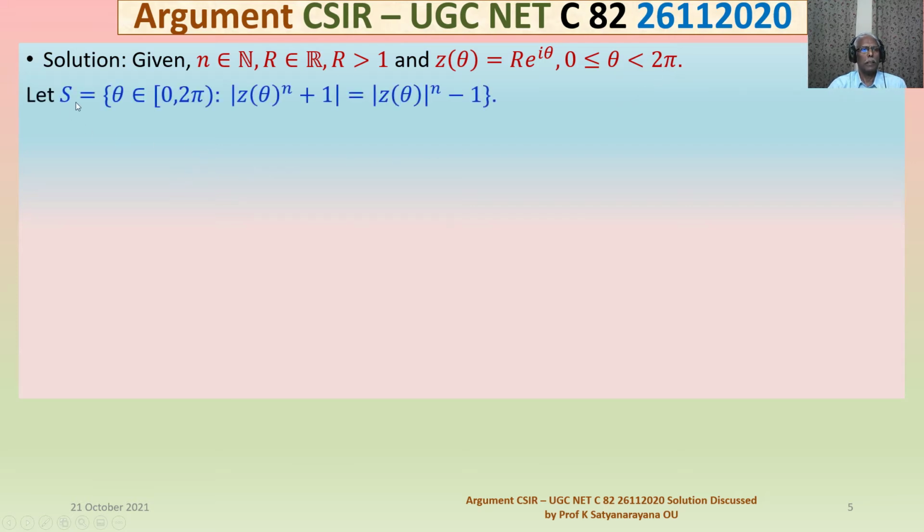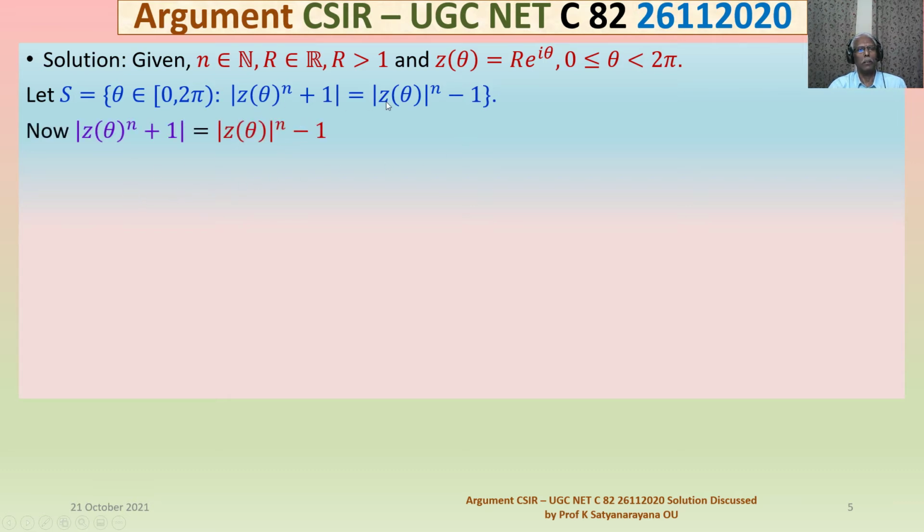Let S be the set of theta in [0, 2π) such that |z(theta)^n + 1| = |z(theta)^n − 1|.